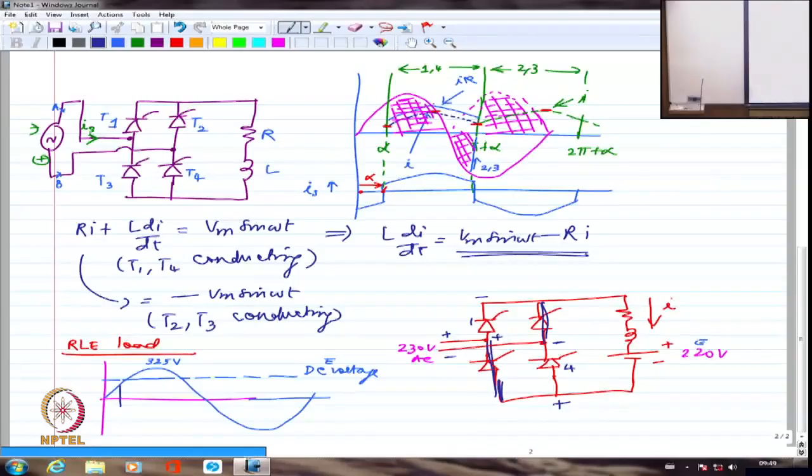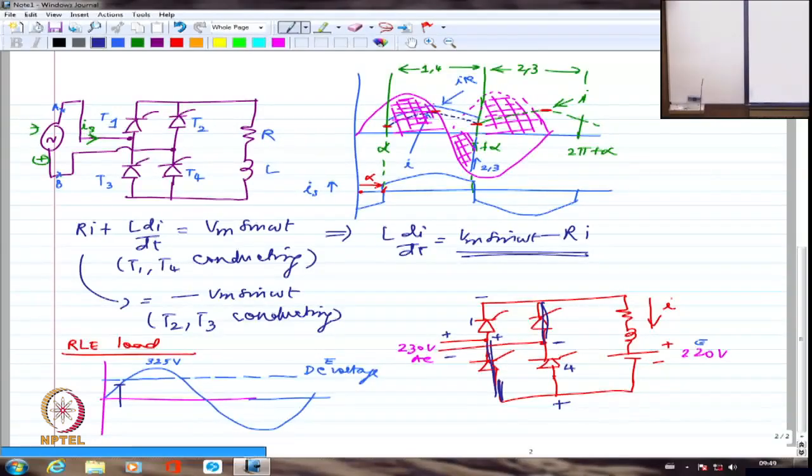So in continuous conduction, even if my DC voltage is higher than whatever the supply voltage is at the instant of firing, it doesn't matter, the devices will get fired. No matter what.